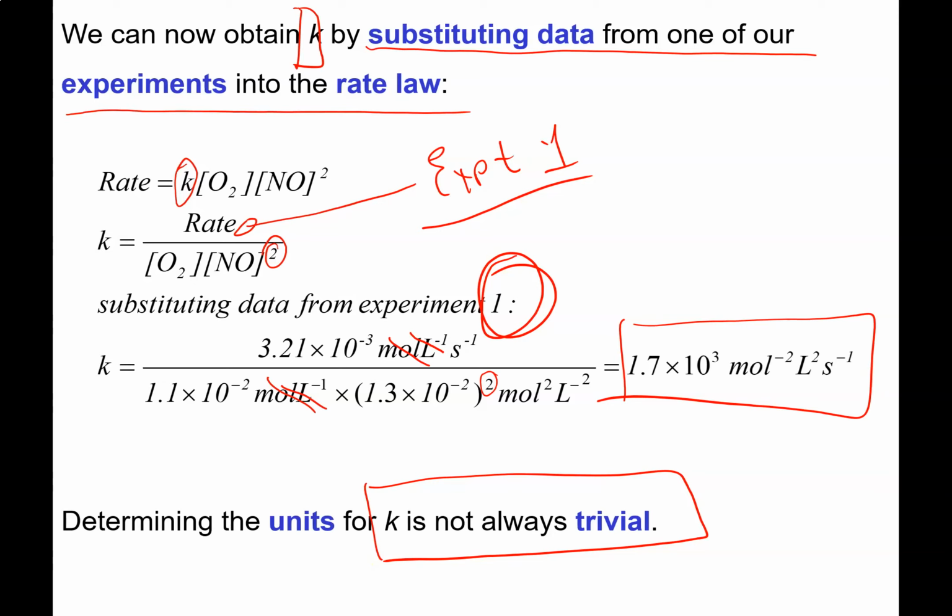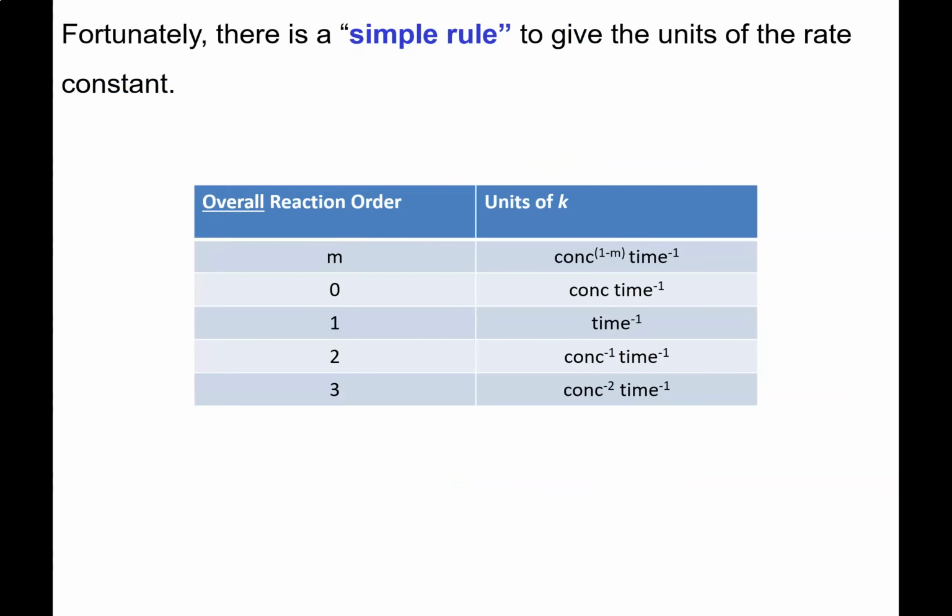There are some general rules, though, that can help you out with this. If you look at the overall reaction order, where you add together the reaction orders for the two things, which in our case, because it was first order in O2 and second order in NO, then the units of K, the generic way of figuring it out, it's the concentration raised to the power of 1 minus the reaction order, and then the time term is always time to the minus 1.